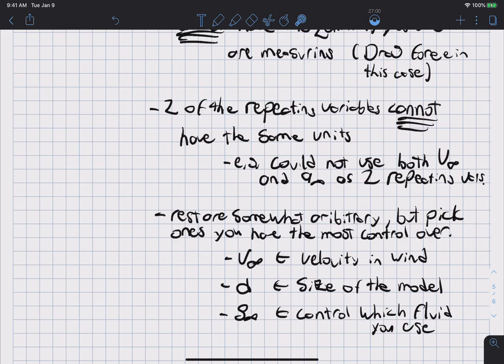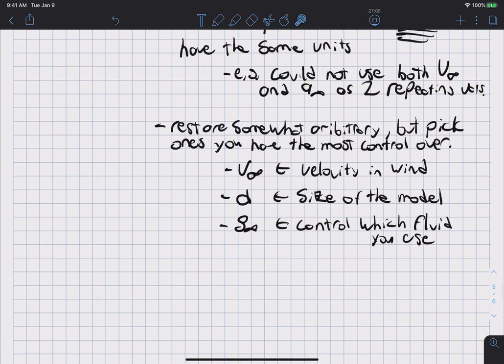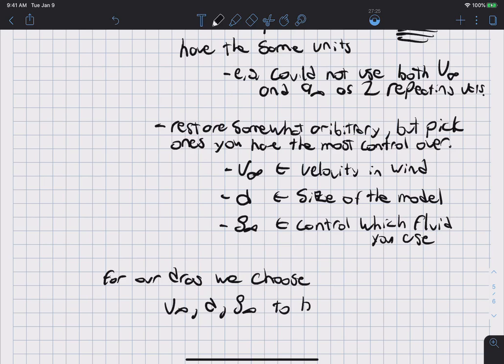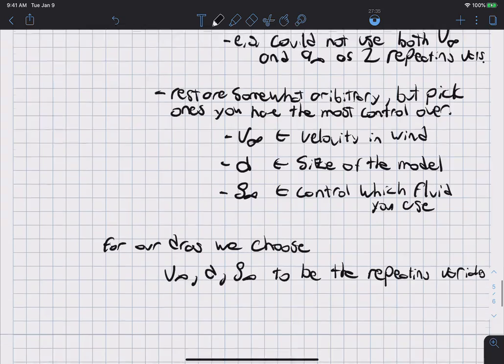And so for our drag problem, we choose V infinity, D, and rho infinity to be the repeating variables.